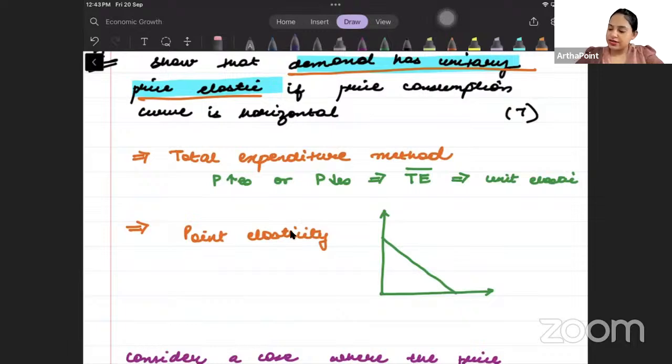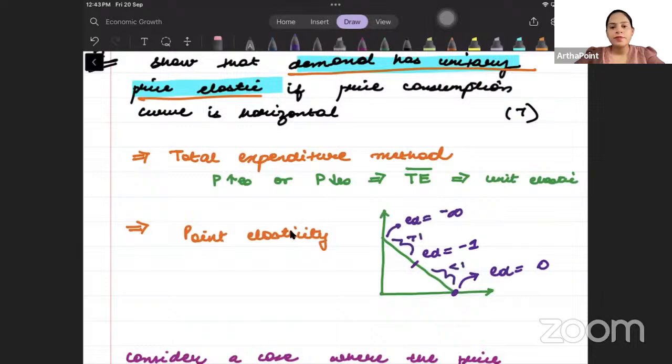Meaning, if I find the elasticity at this point, it is unit elastic. If I find elasticity at this point, it is 0. At this point, it is infinite, greater than 1, less than 1. Somehow, if we can link this to price consumption curve being horizontal, that is method number 2.